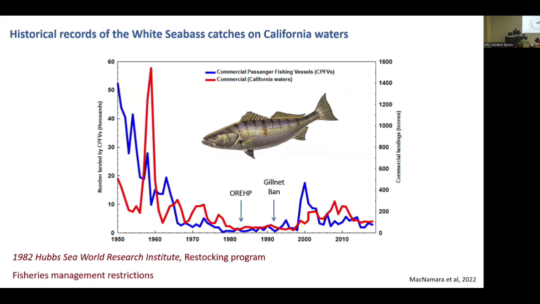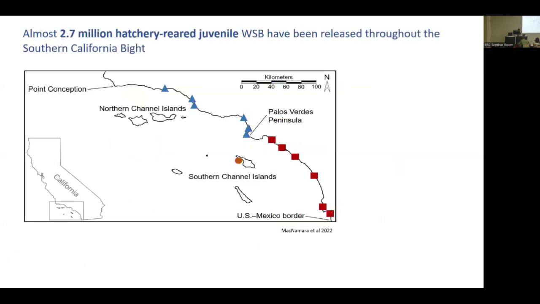Since then, around 2.7 million hatchery juvenile fishes have been released in the Southern California Bight. As a strategy of this program, the juvenile fish have been released in different areas in all the bay, to be sure the fish have a good distribution in all the area, including Catalina Island.